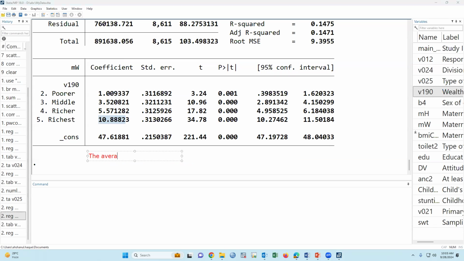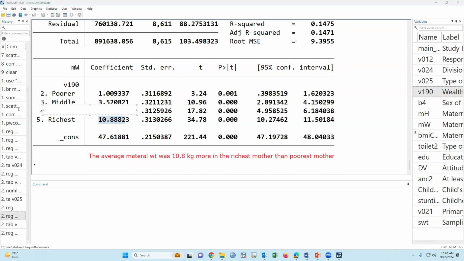The average maternal weight was 10.8 kg more in richest mothers, and the reference is poorest mothers.